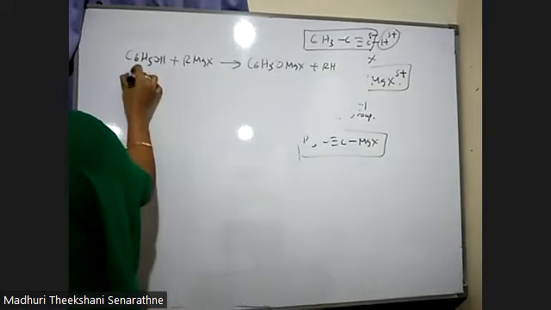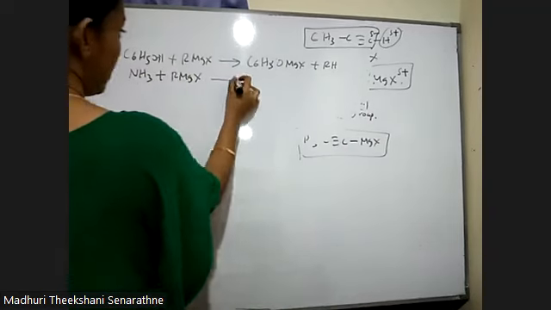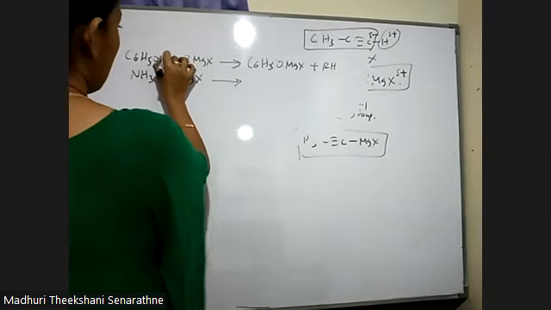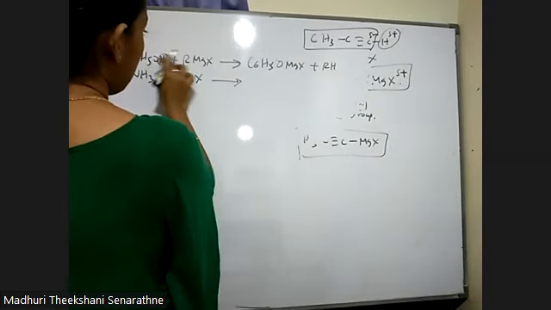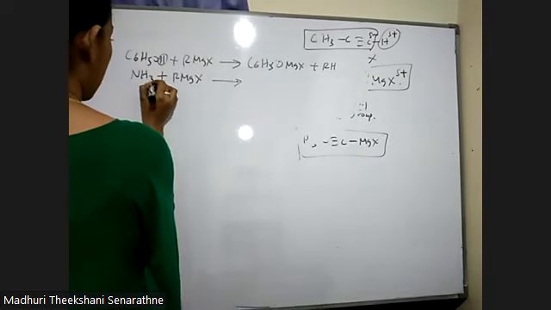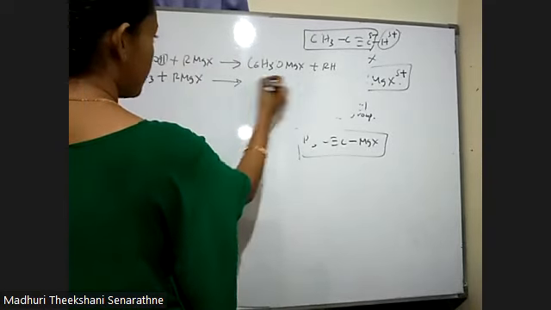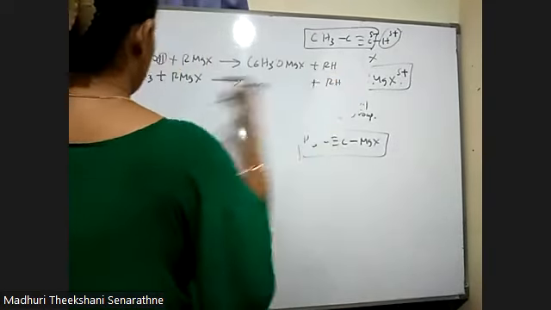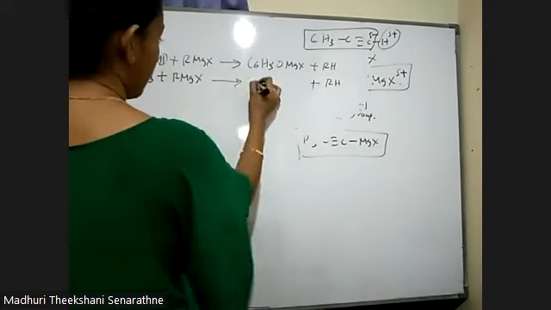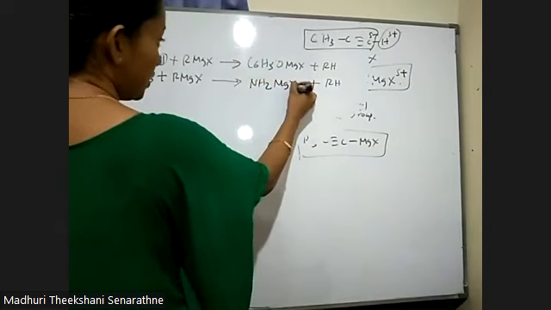And NH3 plus RMgX: one of the hydrogens of ammonia combines with R and produces RH. The remaining NH2 minus and MgX produce the product NH2MgX.